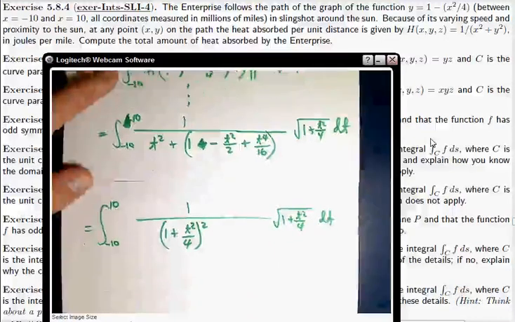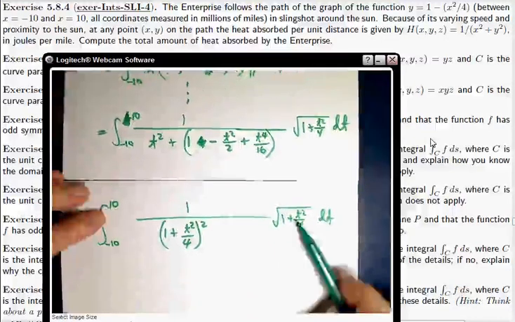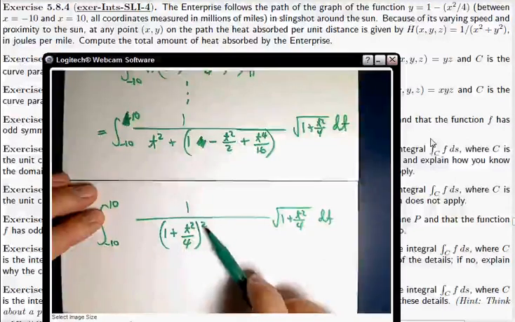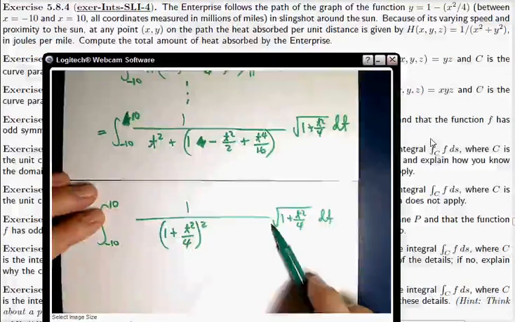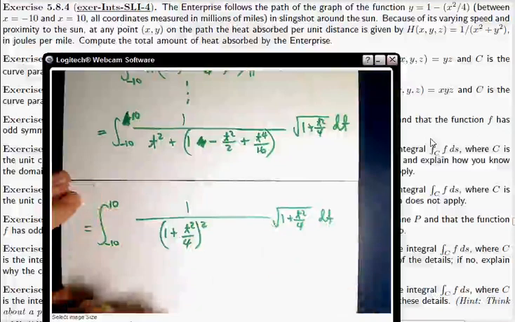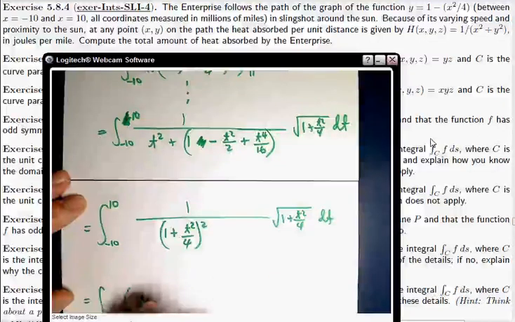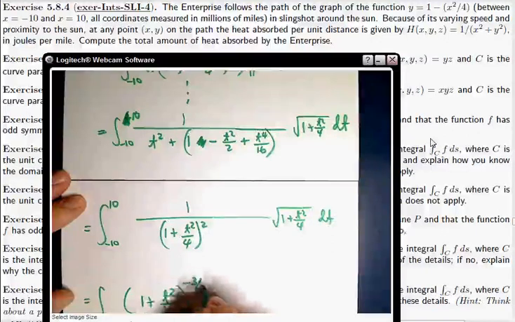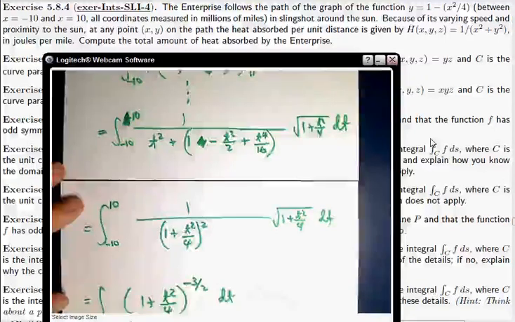So altogether then, notice there's a 1 plus t squared over 4 in a couple of different places. Here it's being raised to the power of, well, ultimately negative 2 because it's in the denominator. This is positive a half. So altogether I have 1 plus t squared over 4 quantity to the negative 3 halves dt.